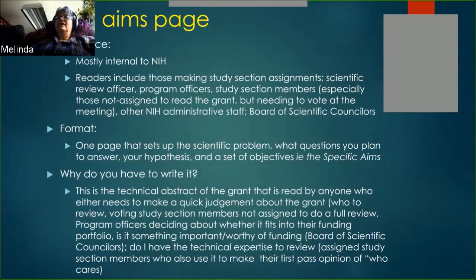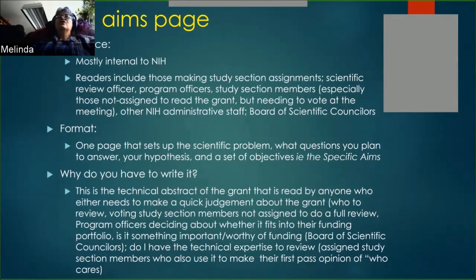They're making important decisions and they're not reading the research proposal part. So writing it in such a way that it is crystal clear to a whole host of people with technical backgrounds, but maybe not in your field, is really, really important.